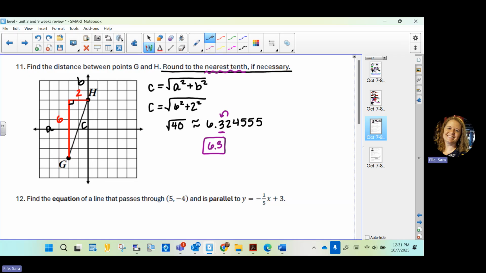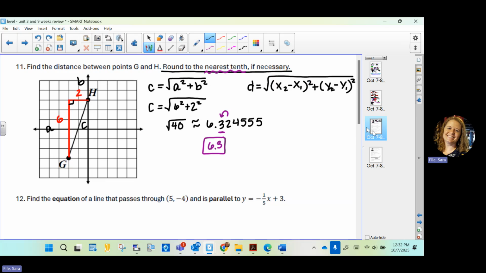Now the actual distance formula, if you didn't want to do it as a triangle and do Pythagorean theorem, remember you can do the change in x squared plus the change in y squared, all under the radical like this, and you could calculate it that way.